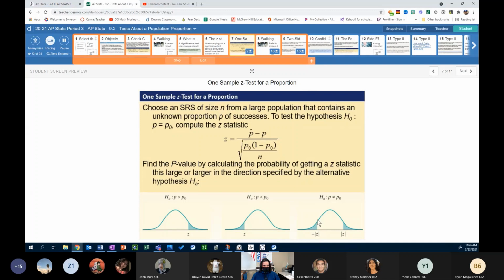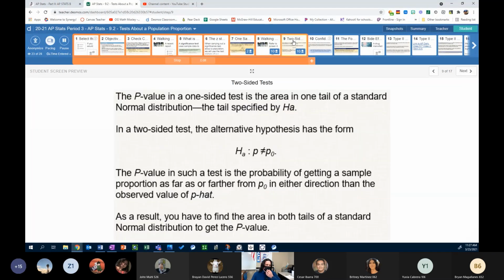We have to add those two areas up. The good thing is that we have symmetry, so if we find one, we just double it, and we have the p-value. So that is the major difference between a one-sided and a two-sided test.